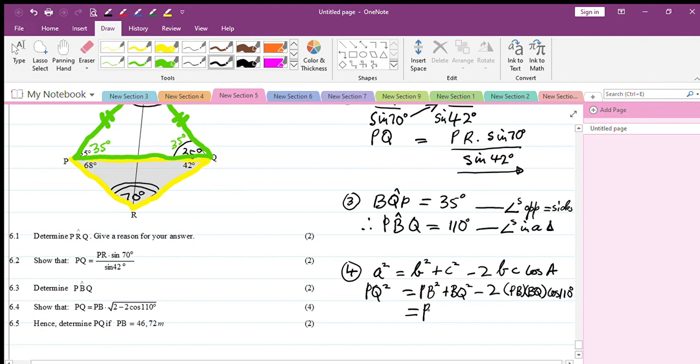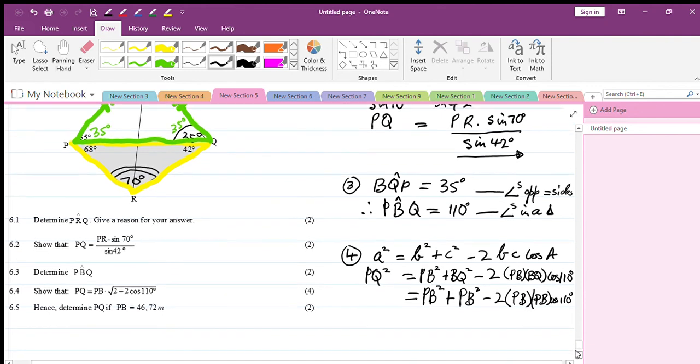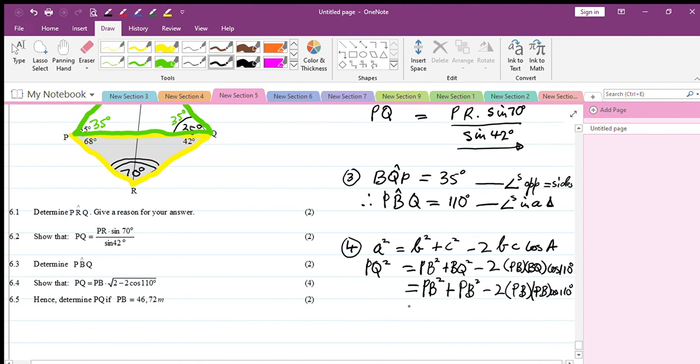So to carry on with our question, the PB squared remains, and this PQ I will change to PB. Why? Because PB is the same as PQ, and minus 2 then PB times PB cos of 110 degrees. Okay, let's simplify that.